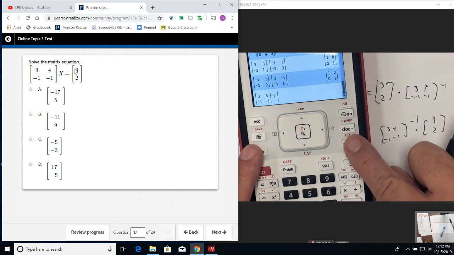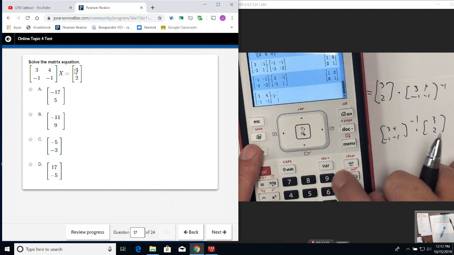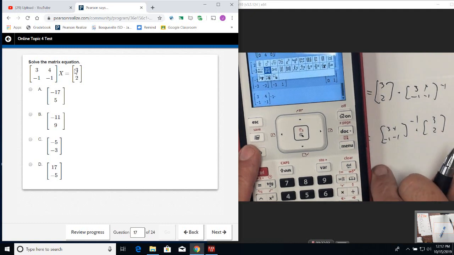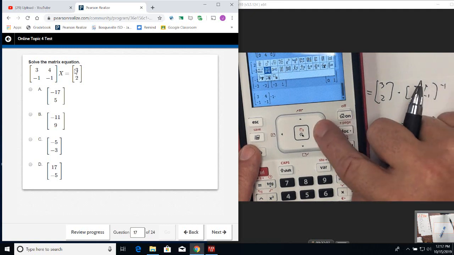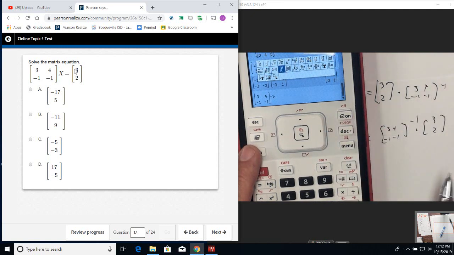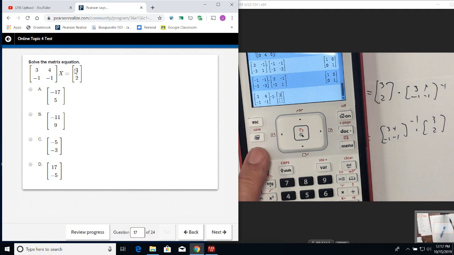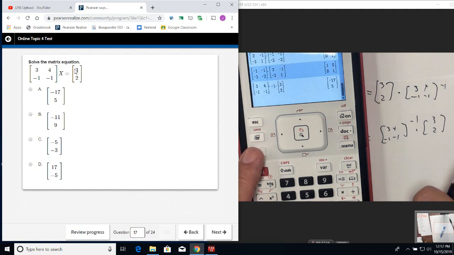To create a 2 by 1 matrix, there's a little shortcut for that too, to the left of your little book. A 2 by 1 matrix is right here, and then you just enter the element 3 tab 2 tab. Otherwise, you hit menu 7 1 1 and create a 2 by 1.